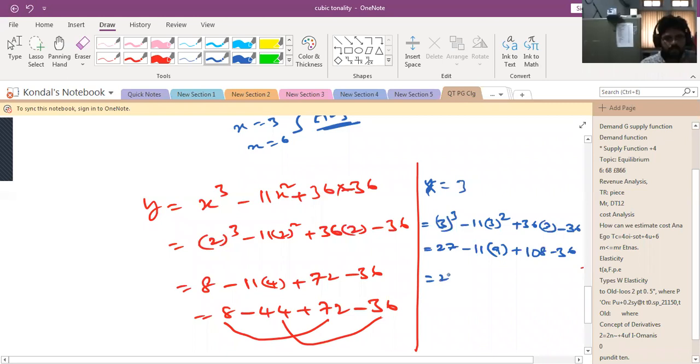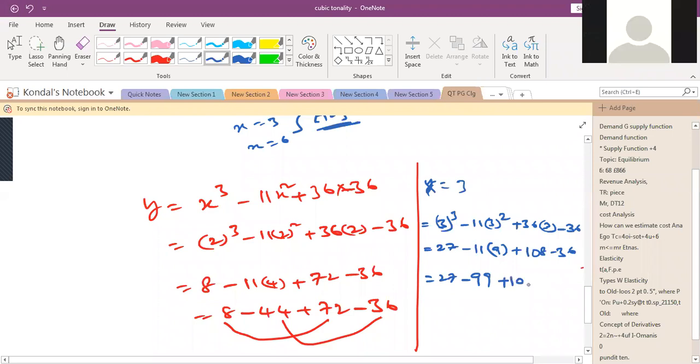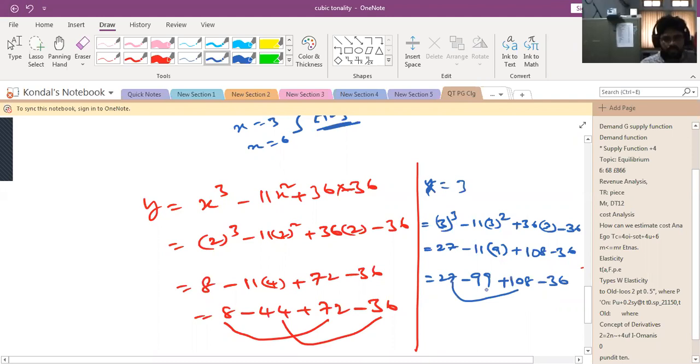So here 27 minus 11 into 9, that is 99, plus 108 minus 36, right? These are the positive values, these are the negative values.